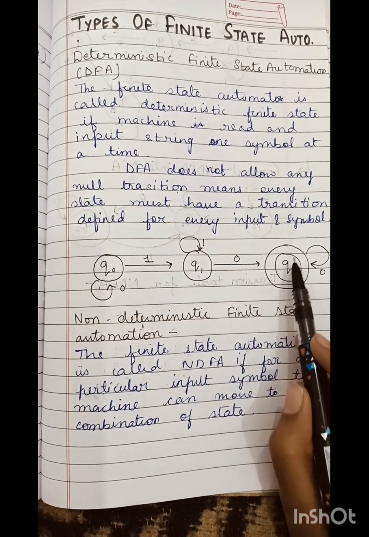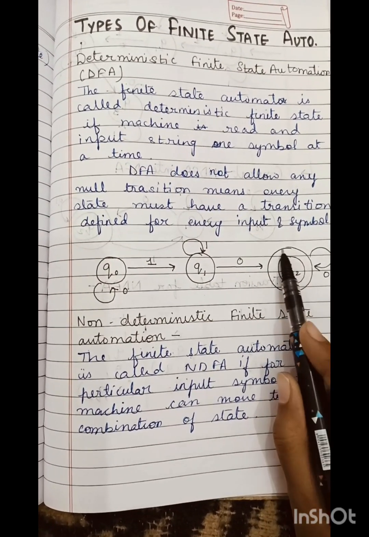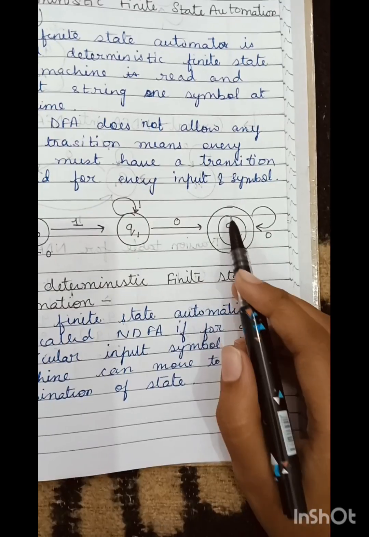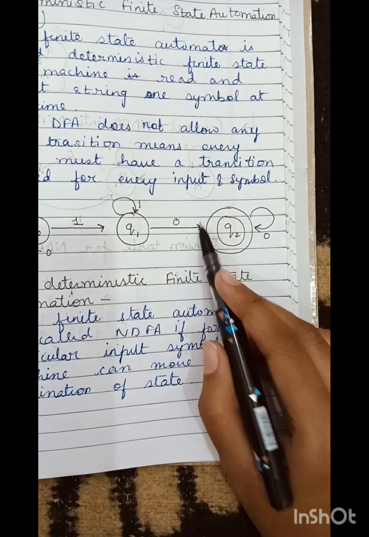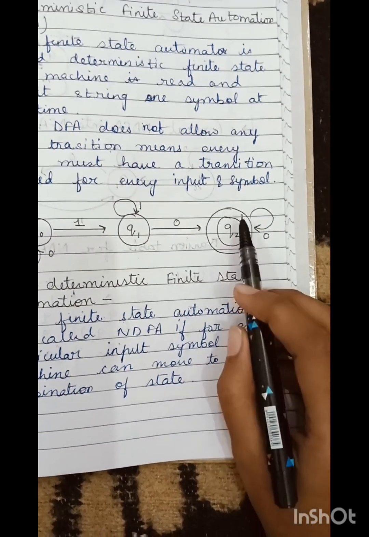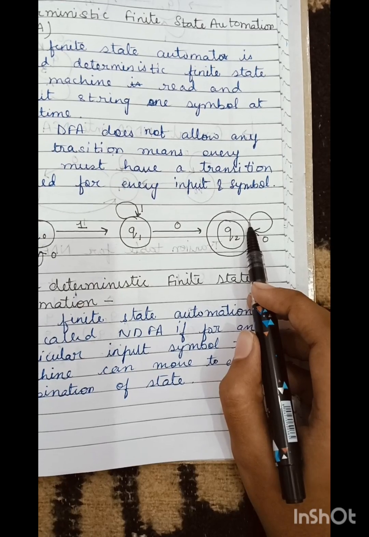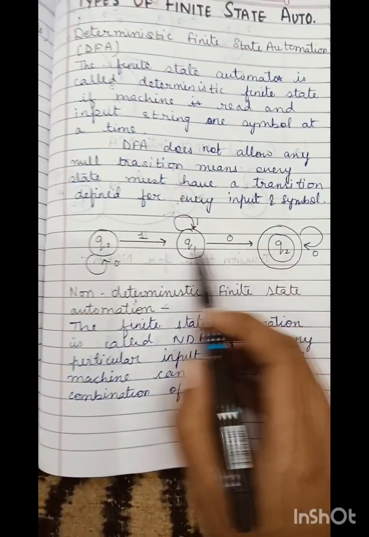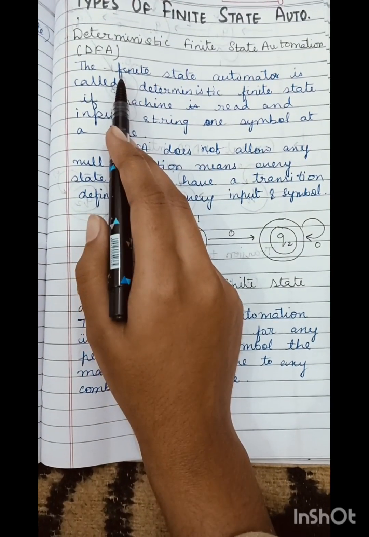Since it has double circles around it, this is the final state. If Q2 receives a 0 symbol, it stays at itself. So this is the transition diagram for DFA.